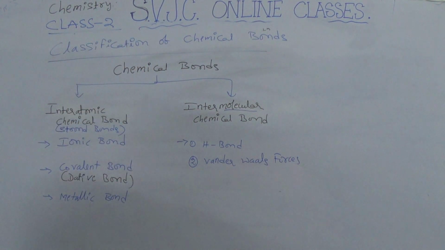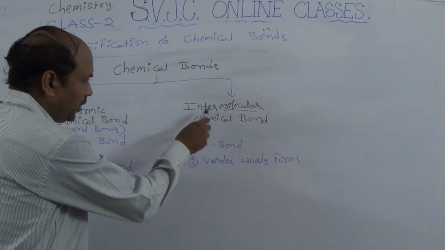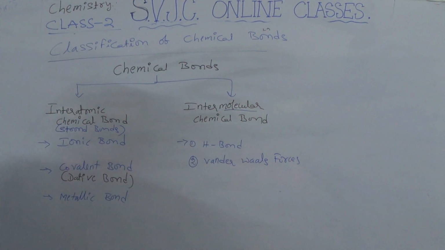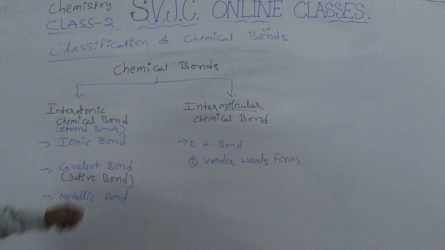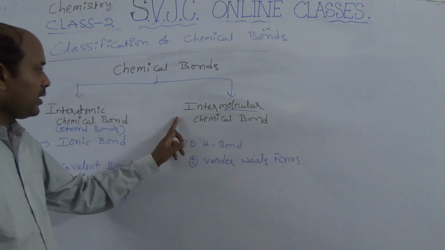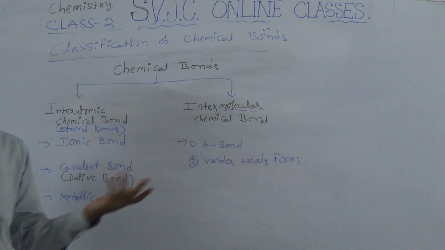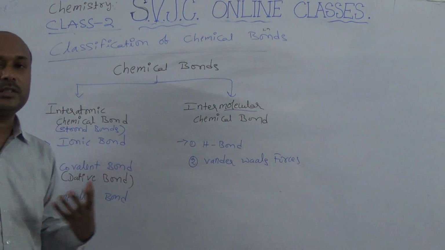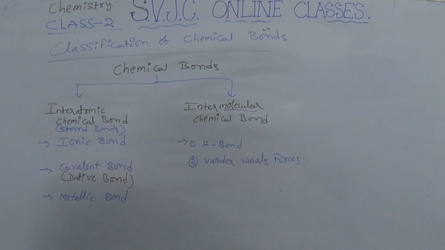So this is our chemical bonding chapter. Now we are discussing the ionic bond first. Interatomic chemical bonds are strong bonds, and intermolecular chemical bonds are weak bonds, that means the attraction forces are weak. So this is the classification of chemical bonds. Okay.